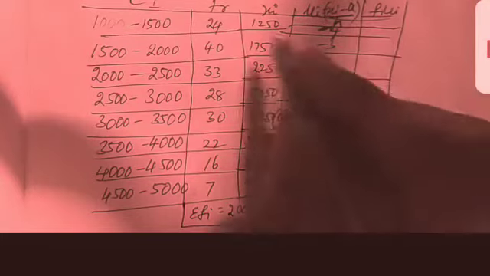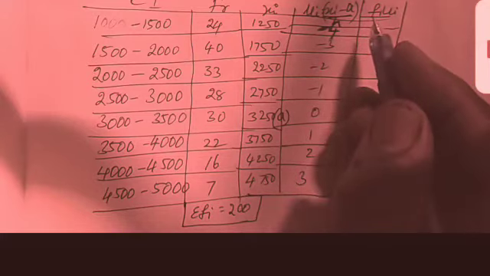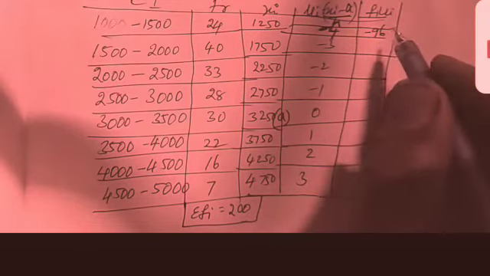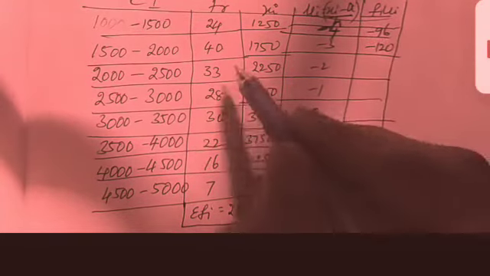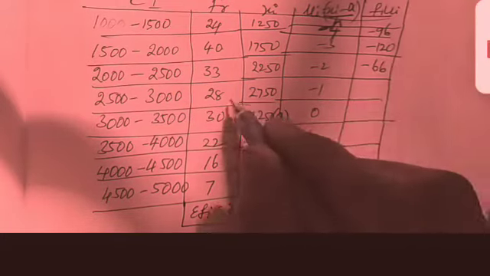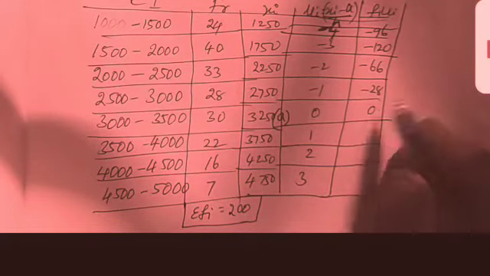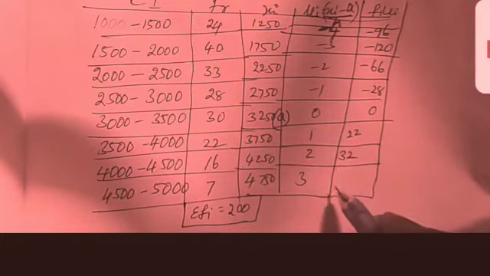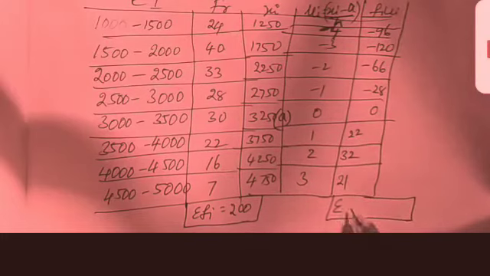24 4s are 96, 40 into minus 3 is minus 120, 33 minus 2s are minus 66, 28 minus 1s are minus 28, 30 zeros are 0, 22 1s are 22, 16 2s are 32, 7 3s are 21.